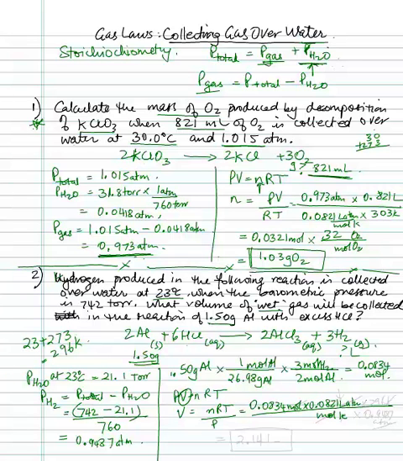And then our temperature is 296 Kelvin, and our pressure, which we calculated by subtracting the pressure of water, is 0.9487 atmosphere. Mole, Kelvin, Kelvin gone, and we're left with liters over here, and we come out with 2.14 liters of gas.